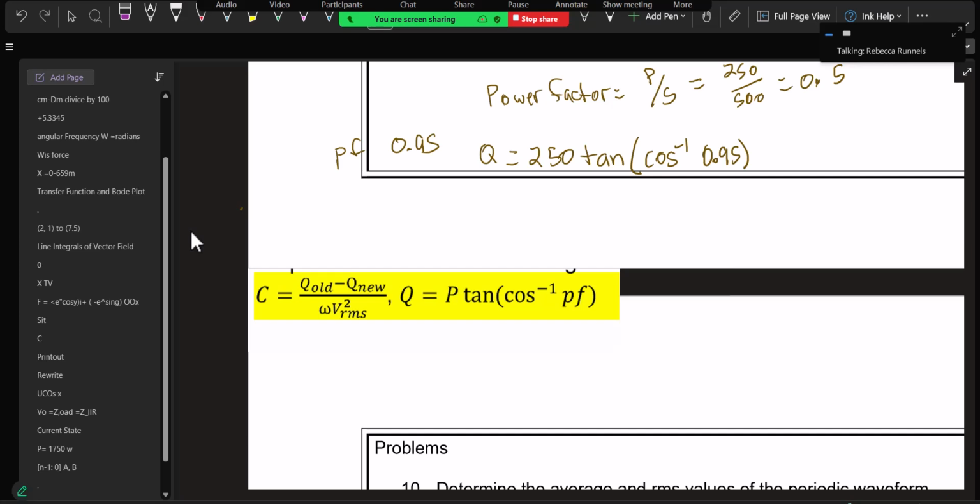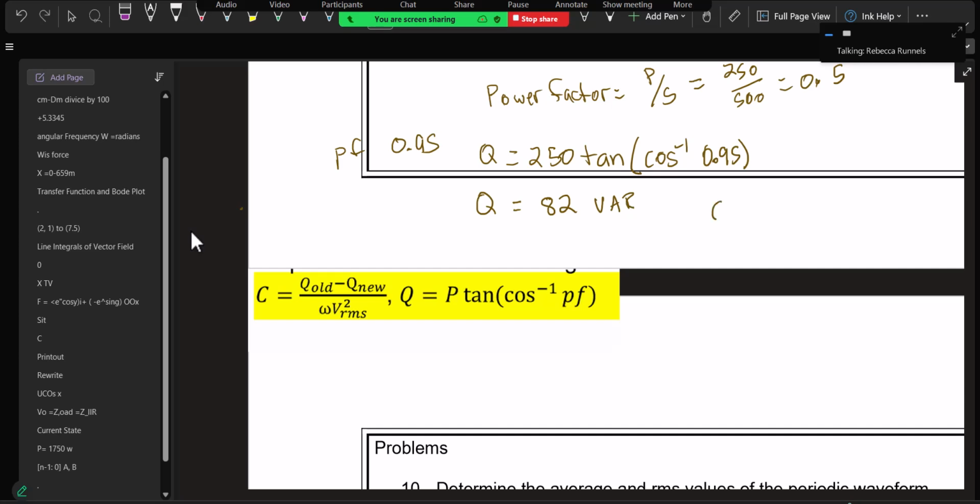The inverse cosine of 0.95 is 18.19, and then I'll take the tangent of that and multiply that times 250. And that gets me a Q of 82 VAR.